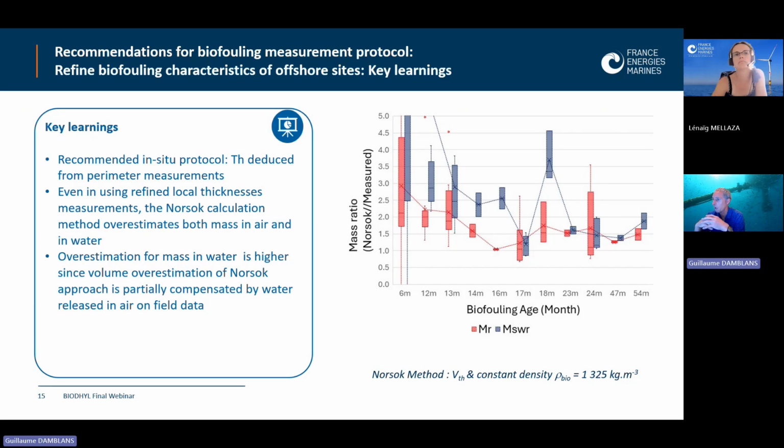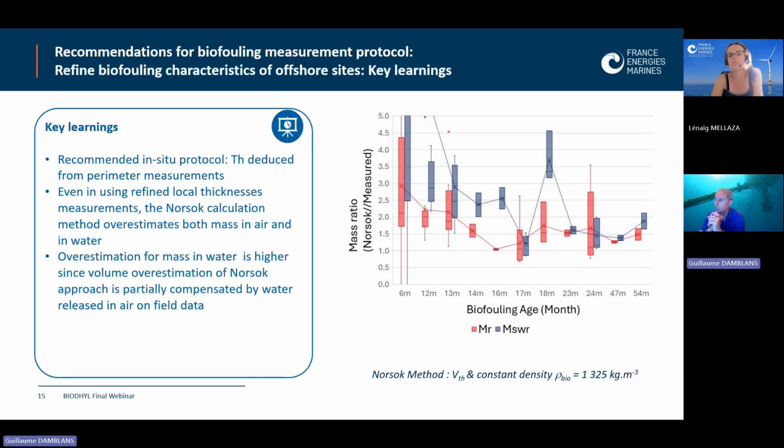So these are our reference values, and we compare them, as a ratio, with the values using the recommended practice to date, meaning we derive a volume from the thickness measurements, and then use the density which is recommended, the unique density, which is about 1,325 kilograms per cubic meter. And we can see that generally, using the standard recommended practice, we overestimate both mass in air and mass in water. Mass in air is in red, mass in water in blue.